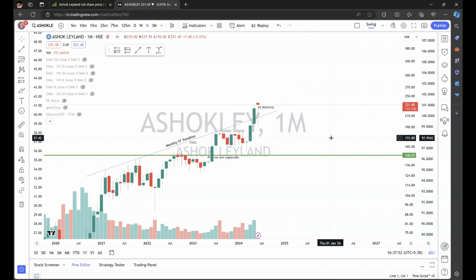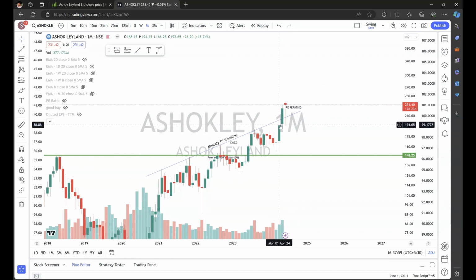Is it a right entry point? I still say yes, because as I said, the price has gone 30% above the 2018 levels in April, and the May candle even broke around a 3 year trend line.